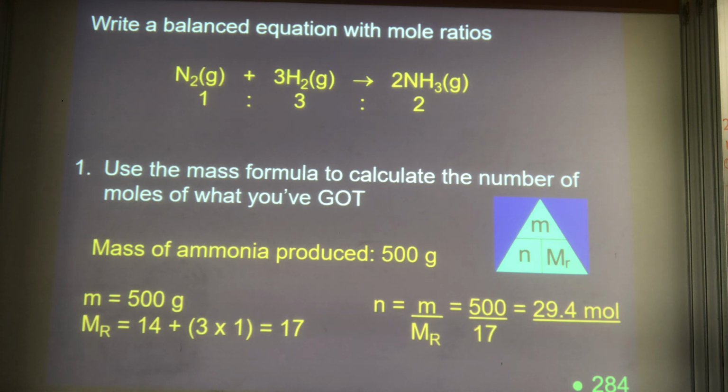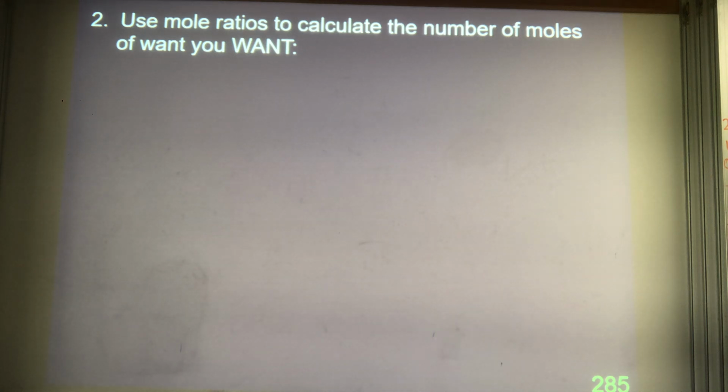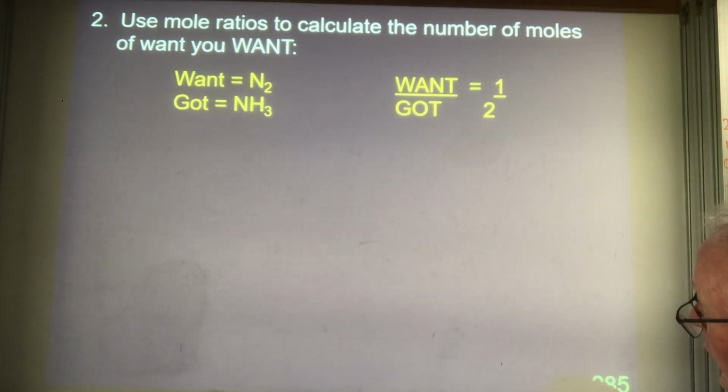Now once we've got our moles, then it's the magic want over got step. Second step is always want over got. So what's the question asking us for? What do we want? We want the moles of nitrogen, or the mass of nitrogen I should say. What have we got? We've just worked out the moles of ammonia.